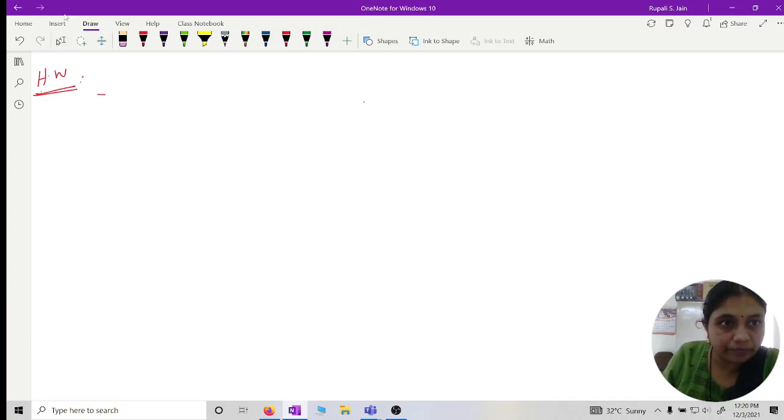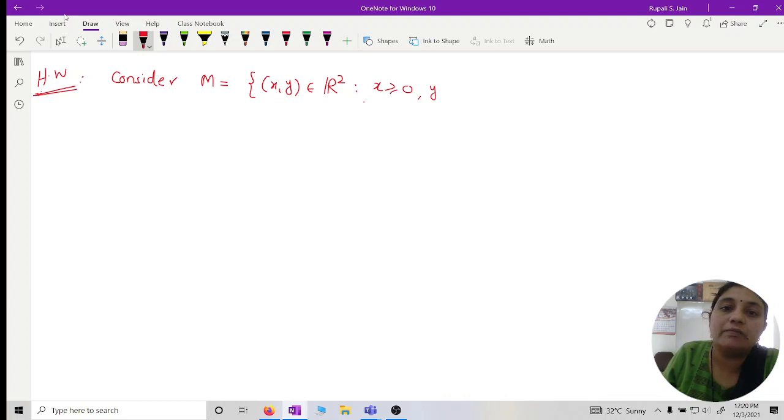Consider M equal to the set of all (x, y) belonging to R2 such that x is greater than or equal to 0 and y is greater than or equal to 0.